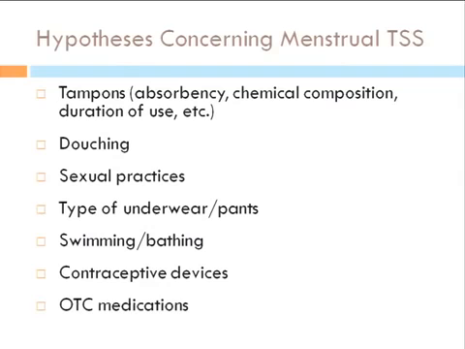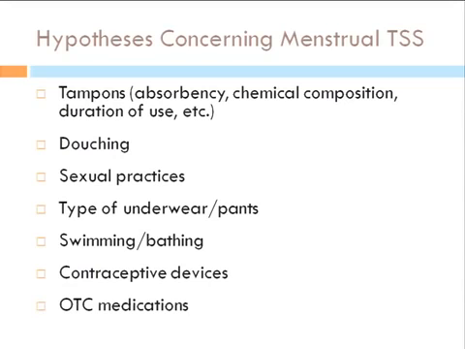Could be tampons, the use of tampons, perhaps it's absorbency, the chemical composition, duration of use, etc. Douching, sexual practices, the type of underwear or pants that the woman was wearing, or perhaps swimming or bathing, contraceptive devices or OTC medications, right? And in the end, they proved it was tampon use.